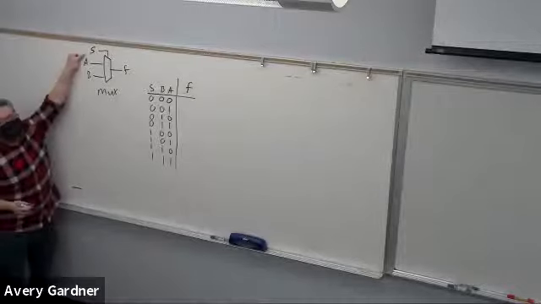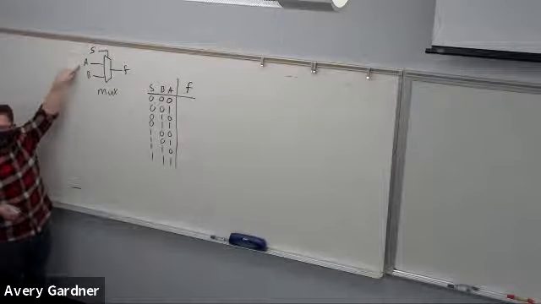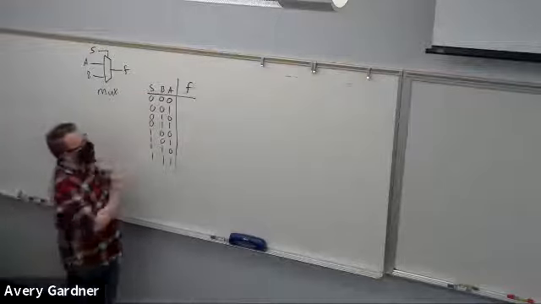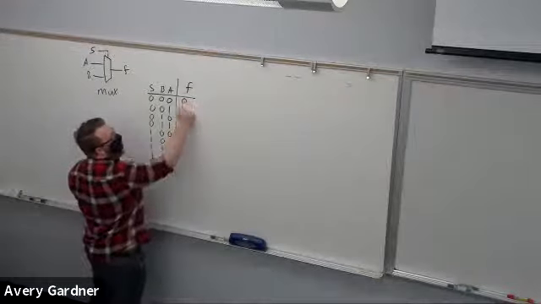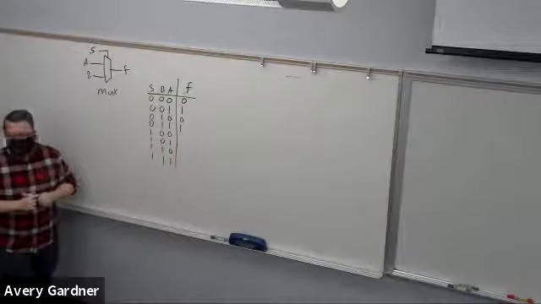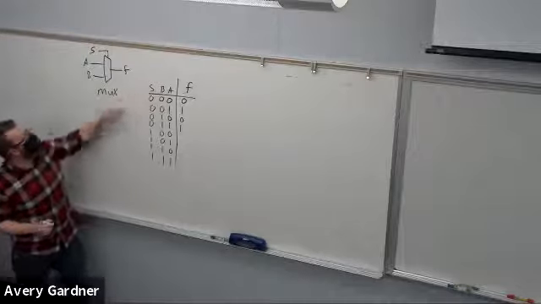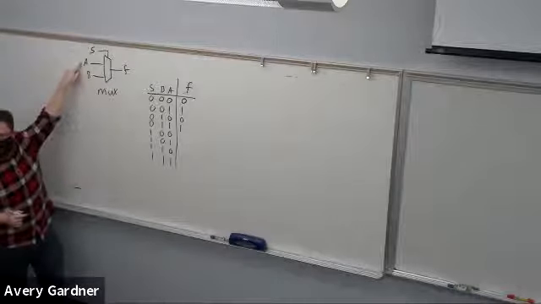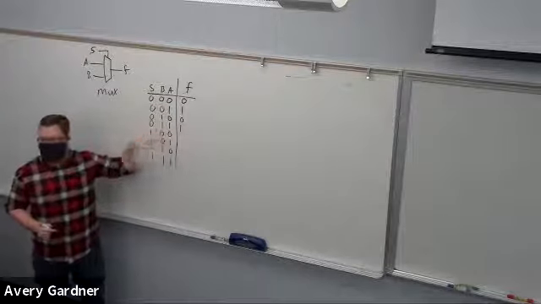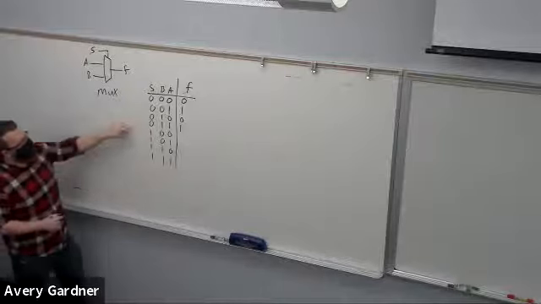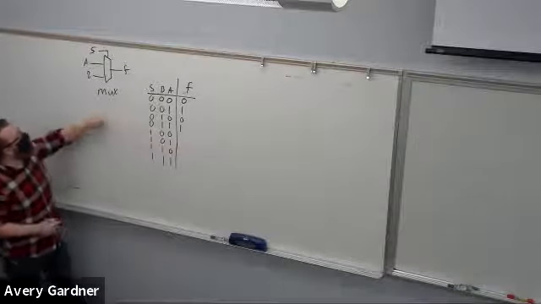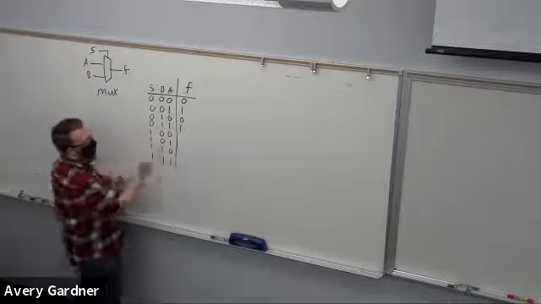When select, S, is 0, we take A. So in this case, select is 0, choose A. Therefore, the truth table output just mirrors A, the input. Then select is now 1 down here. So when select is 1, we're choosing B, so follow B.